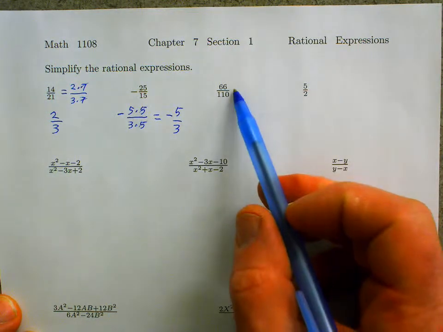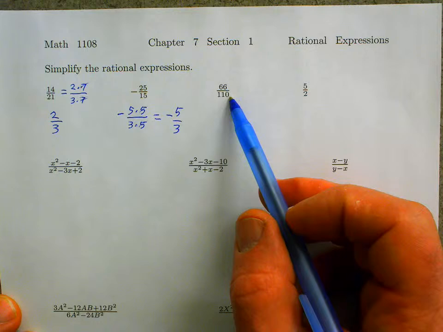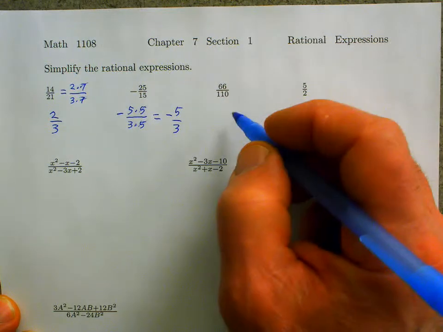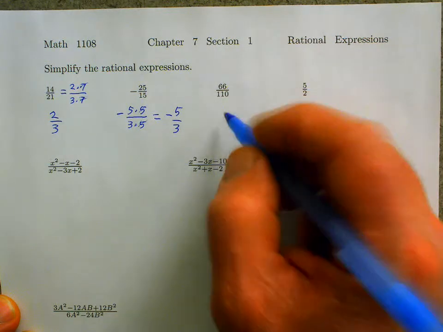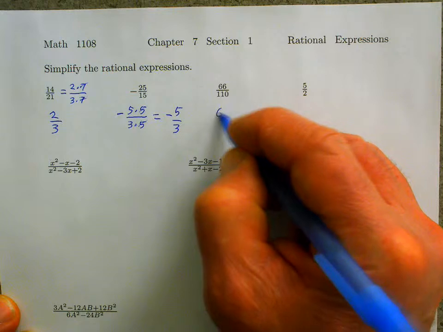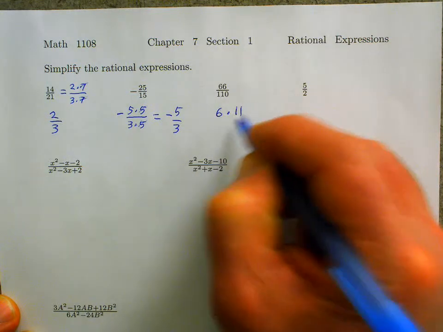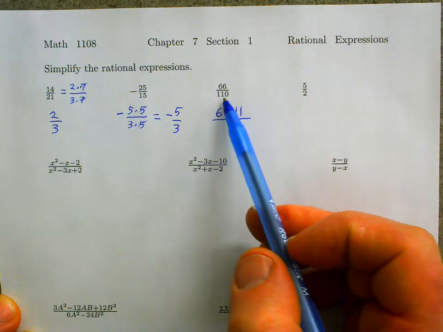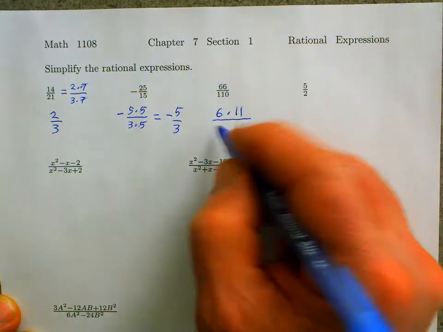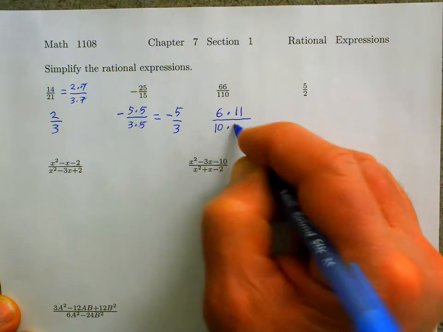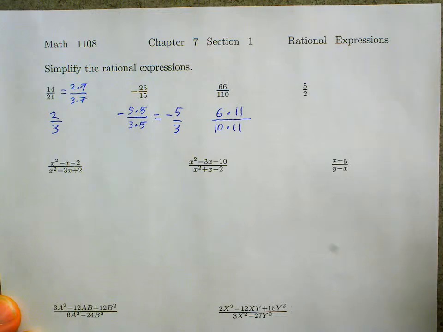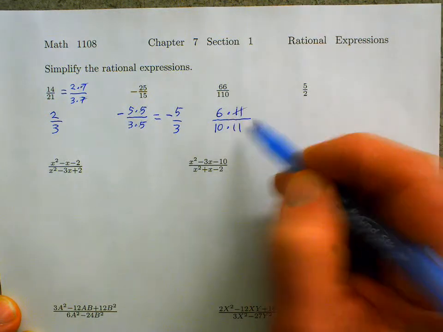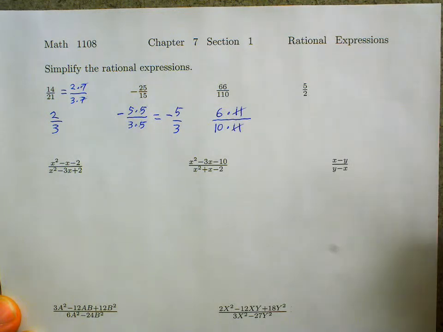Okay, the next one, 66 over 110. Well, 66 is 6 times 11. 110 is 10 times 11. And 11 divided by 11 equals 1.